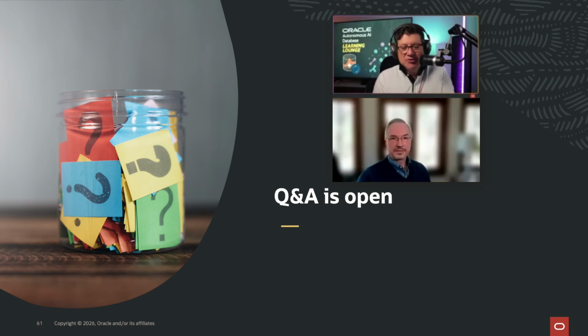Another one is about alternatives. That's also an interesting question: can you create an agent in the OCI console itself? Why use the AI agents in the database, in the ADB? Yes, that's an excellent question. There are a number of ways in which agents can be created. There are external frameworks, and other frameworks even within the Oracle environment. When it comes to the database, the one thing that I highlighted early on is this notion of information leakage or data leakage, where there can be different layers in your environment where information might be stored or reside.